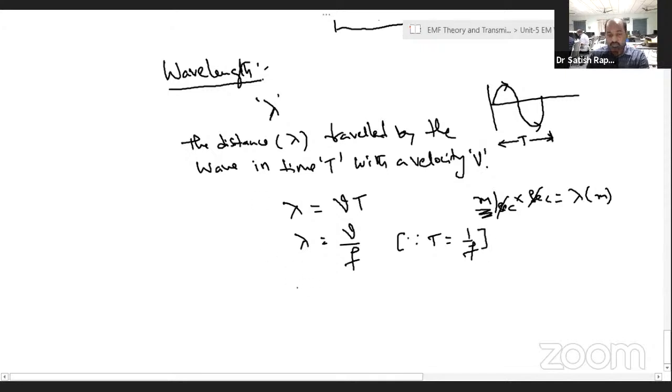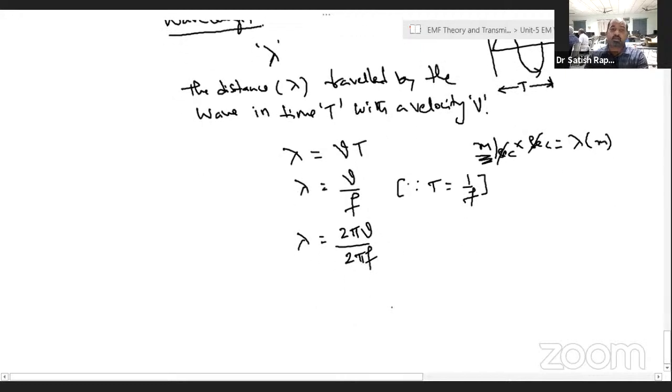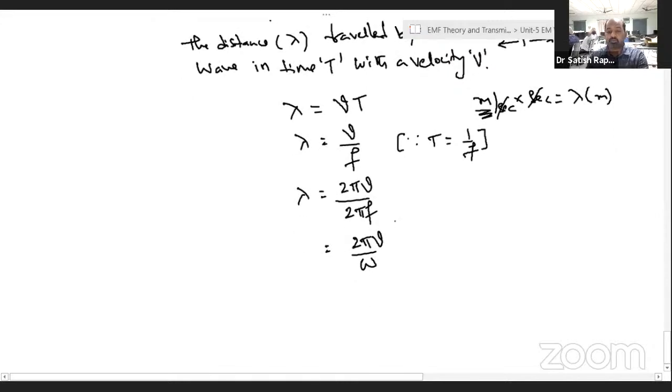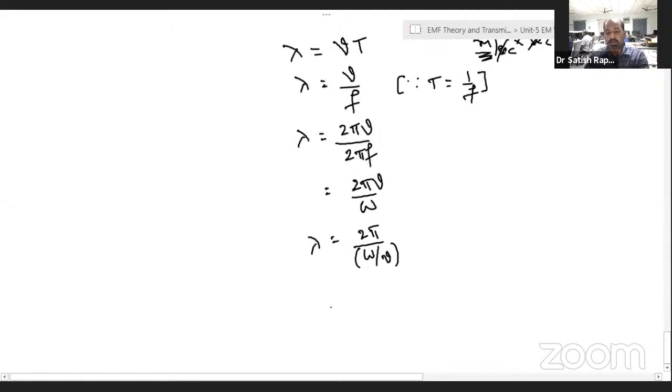this can be written further like this: 2 pi v by 2 pi f, multiplying and dividing with 2 pi, and this is equal to 2 pi v by omega. So lambda is equal to 2 pi v by omega.